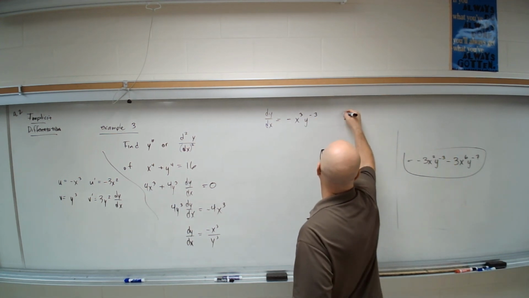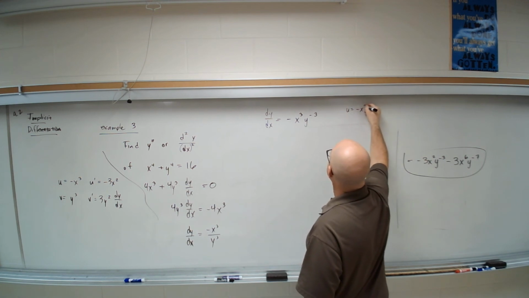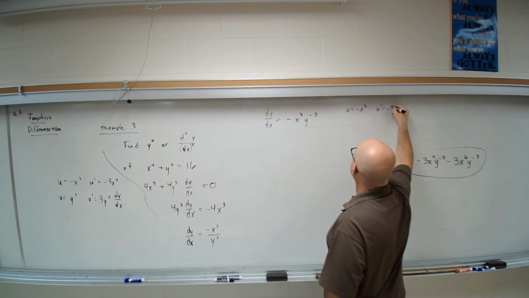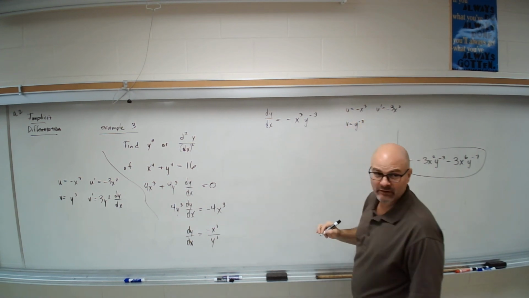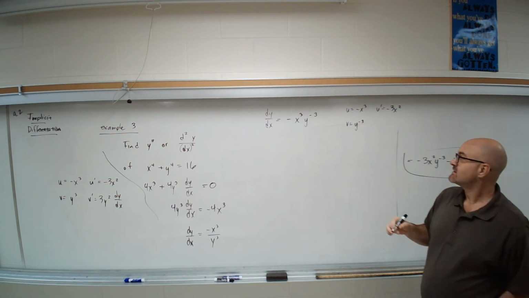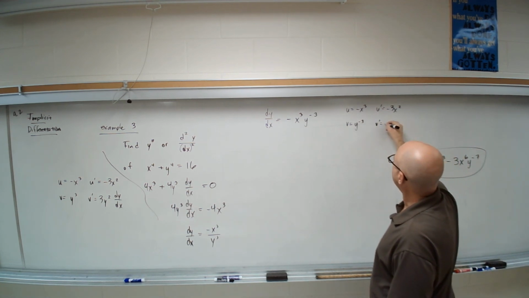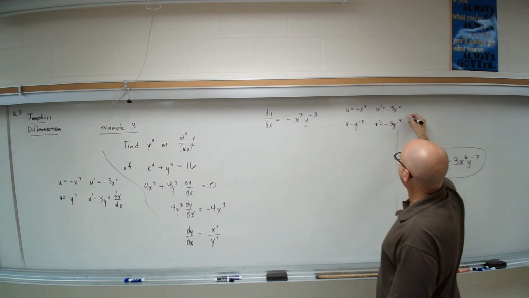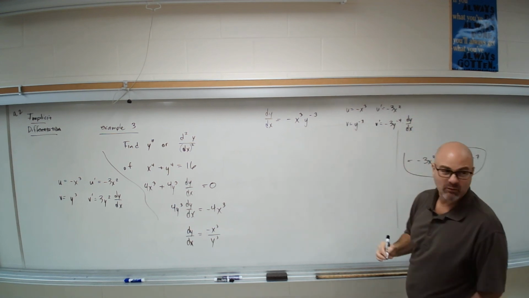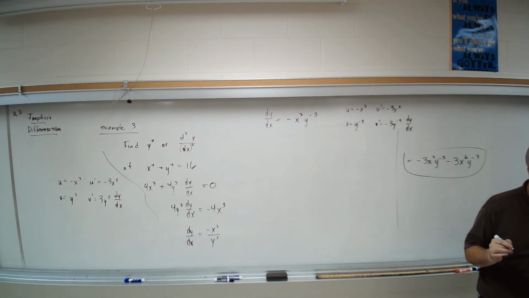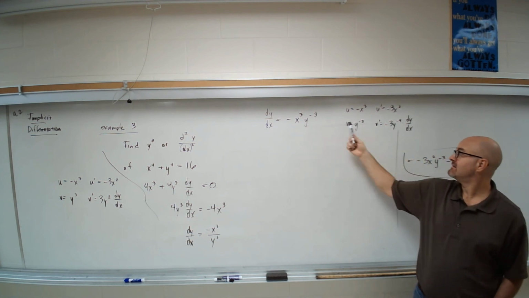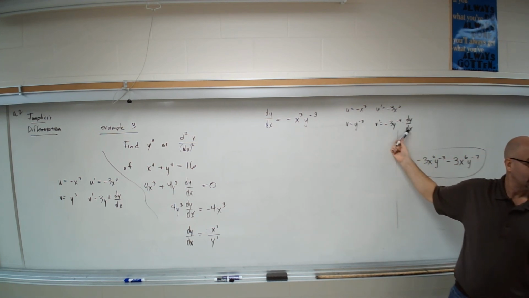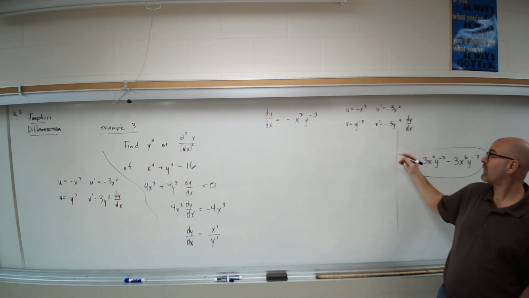So here I'm going to say that u is negative x cubed, u prime is negative 3x squared, and then y to the negative 3 would be v. So that derivative would be negative 3y to the negative 4 times dy over dx. Now, it wouldn't be wrong to actually put dy over dx in here at this point, which might make it a little bit easier to kind of work with.